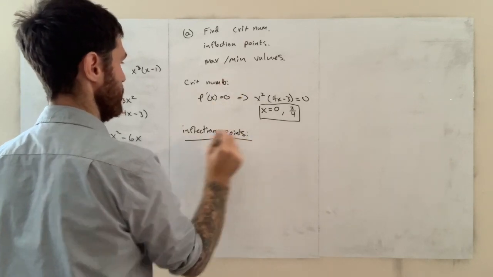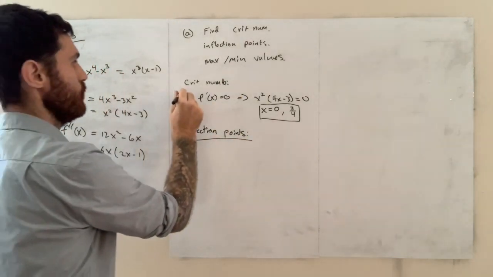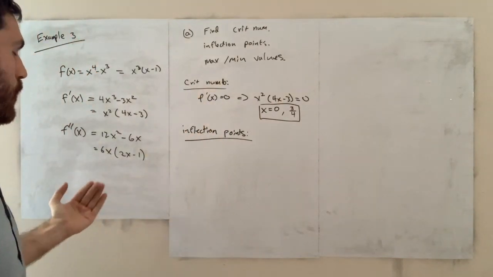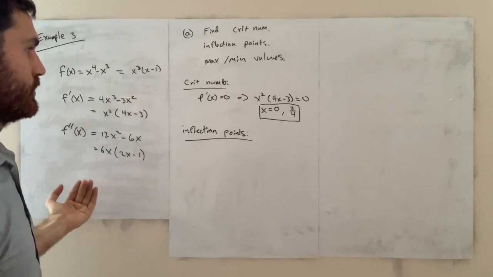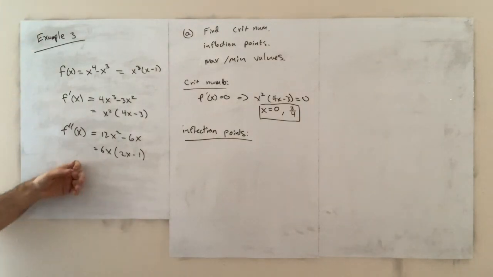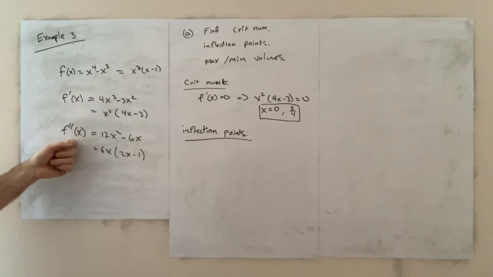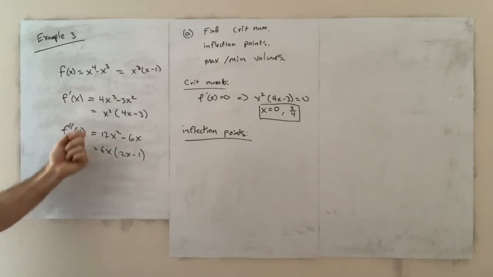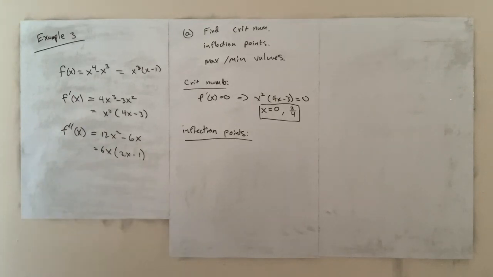So inflection points are values where your second derivative is going to change from positive to negative or negative to positive.